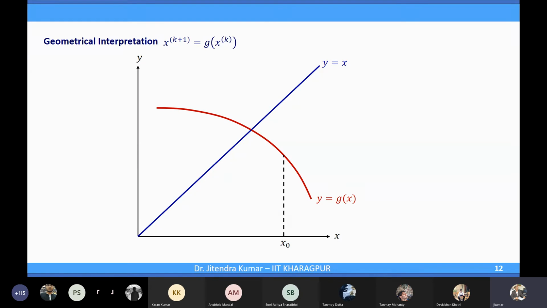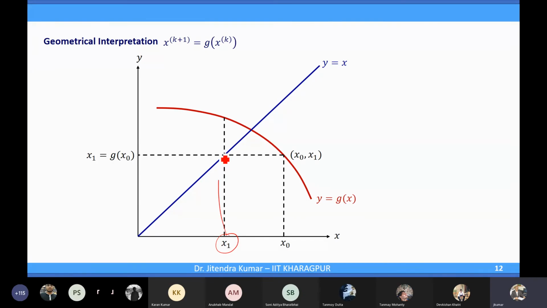So we start with some initial guess, let's say it's here, x naught. Then what will be the first approximation? That will be given by g(x naught), which is your x1. So on this x-axis, x1 is here.